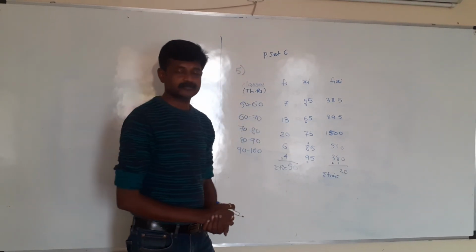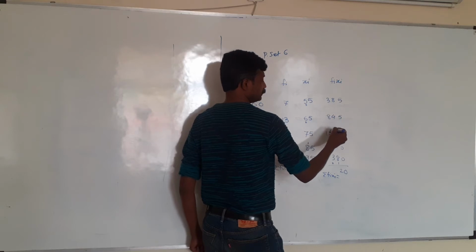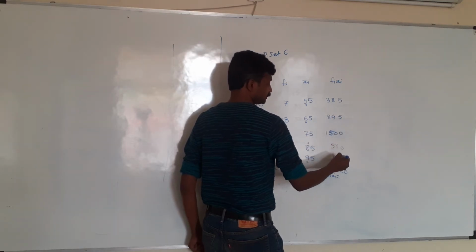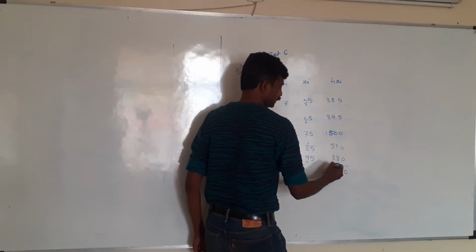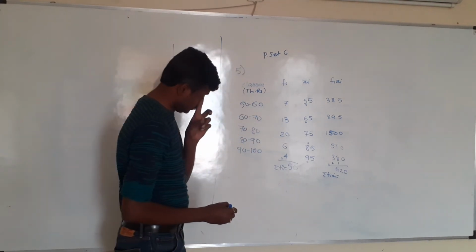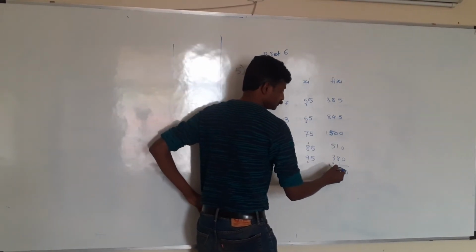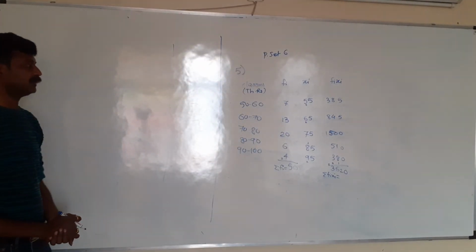Now addition of 100s place: 2 plus 3 plus 8, 11. 11 plus 5, 16. 16 plus 5, 21. 21 plus 3, 24. 24 plus 2, 26. 6 carry 2. Now 1000s place. There is only 1 in the 1000s place. 1 plus 2, 2 plus 1, it gives 3. So 3620 will be the summation of Fi Xi column.